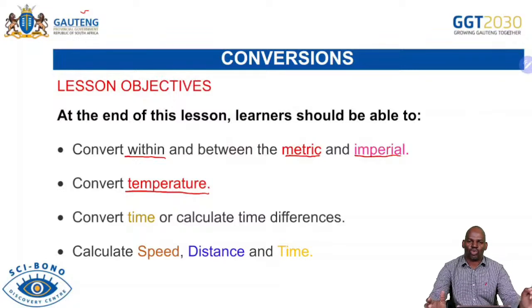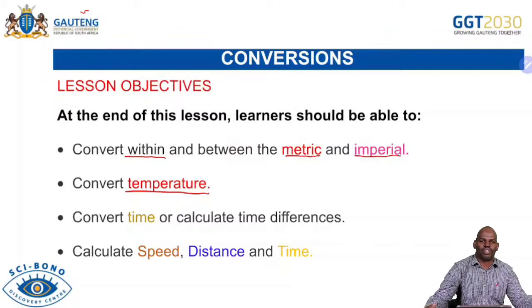So you must be able to convert between the two. If you want to visit the USA and you're concerned about the temperatures, they will be in degrees Fahrenheit. It might not make sense to you, or you might not be able to tell whether it's hot or cold, so you need to convert it to degrees Celsius.